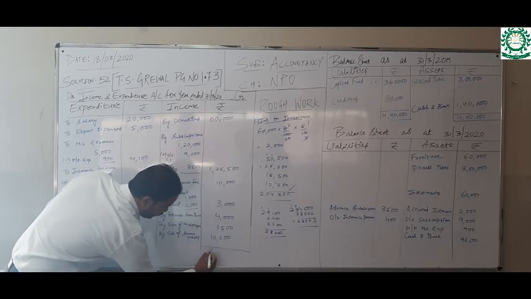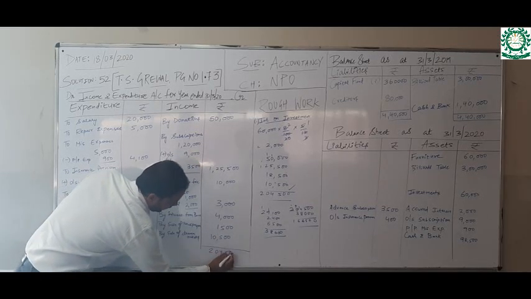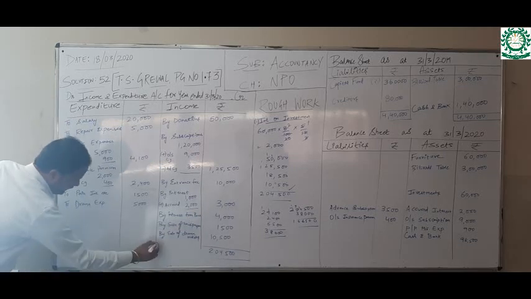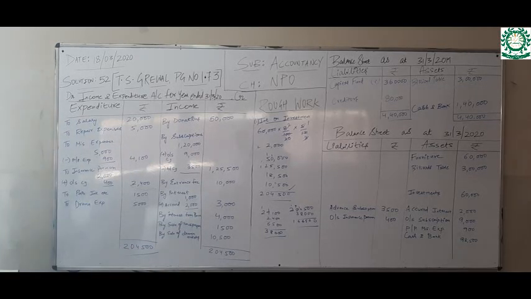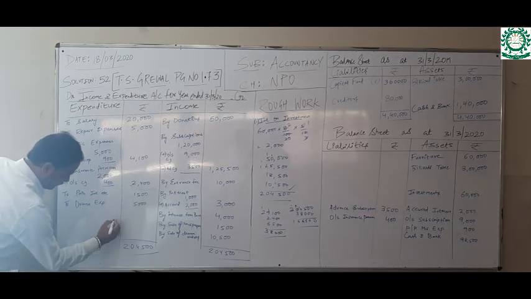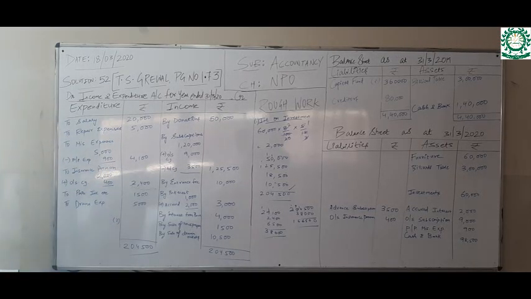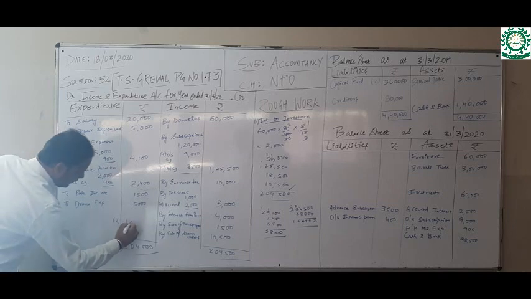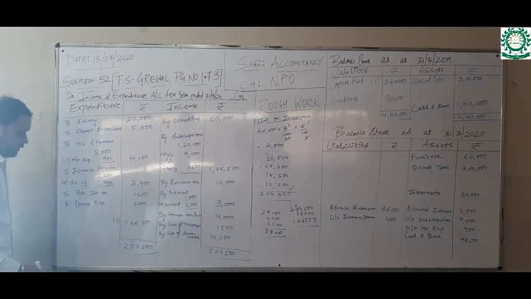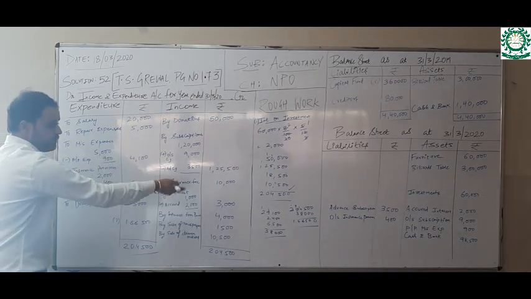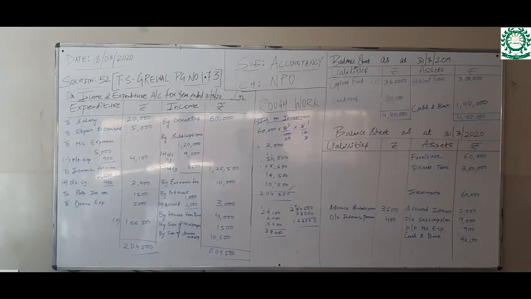So the total is 2,04,500 on both the sides. 2,04,500 and the difference figure. The question mark indicating the difference figure, that is 1,66,500. This is nothing but surplus. We do call it surplus. The reason is income side is more. Incomes are more than the expenses.